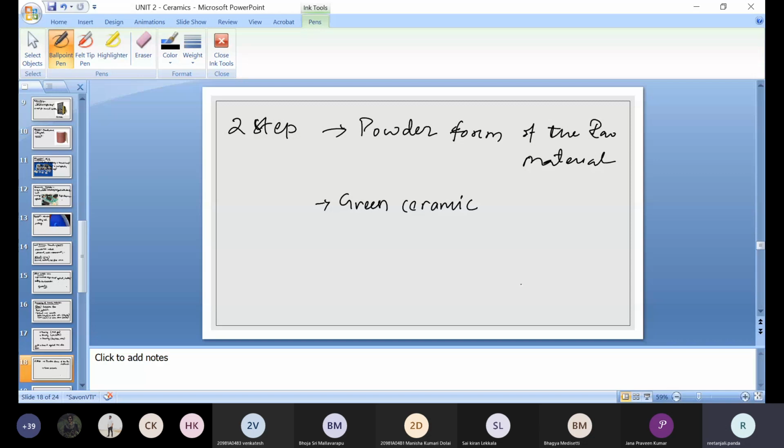Okay. Now again, the manufacturing process of these green ceramics is divided into the following types. The first one will be tape casting. So what do you mean by tape casting?